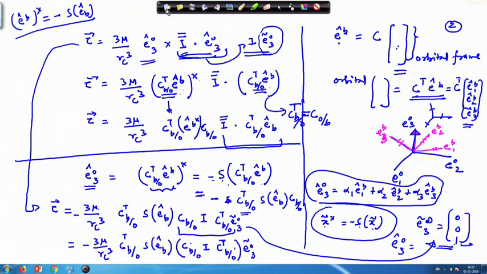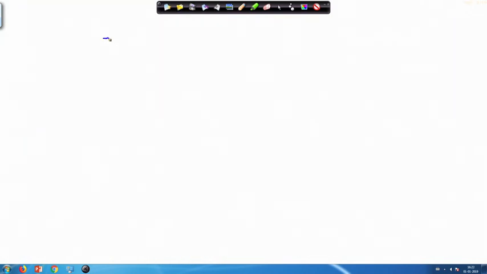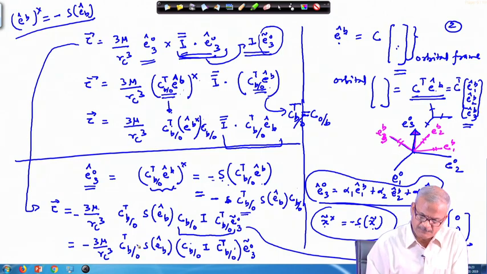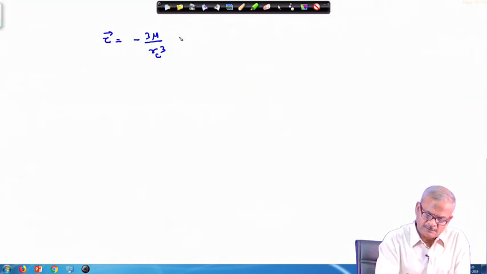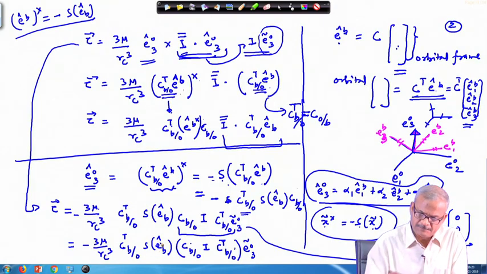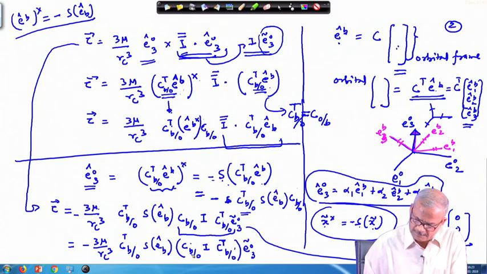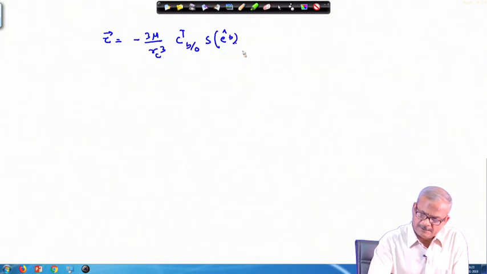So, let us move to the next page. This tau then gets reduced to minus 3 mu divided by R C cube and then C transpose B slash O, and then we have this skew symmetric matrix S times E cap B, and then this quantity, which is nothing but the inertia matrix expressed in the body frame.